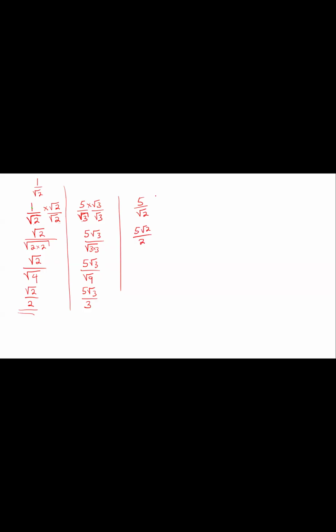Now, sometimes the numbers can be big. Take an example. They can give you to rationalize this. Let me say 10 out of root of 12. So can you also rationalize that?